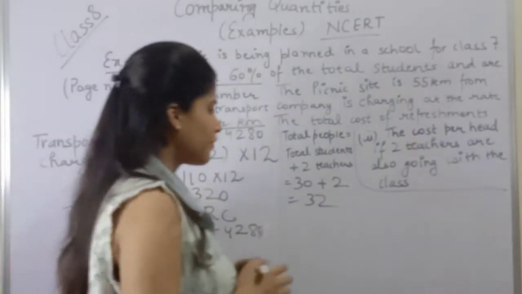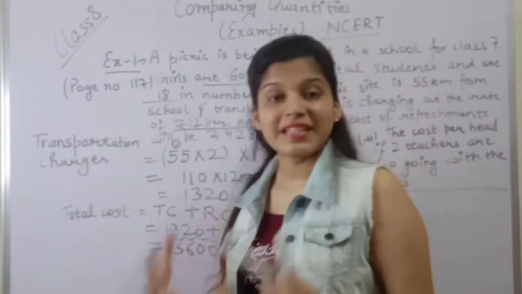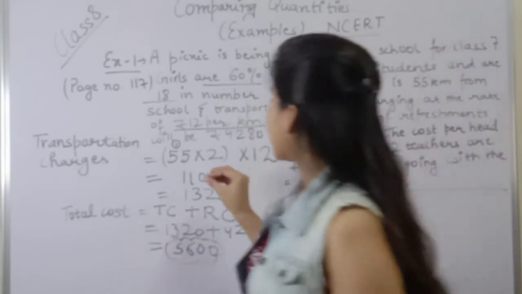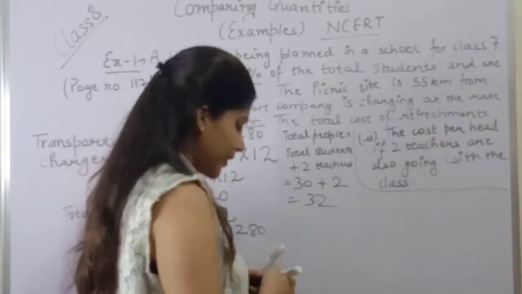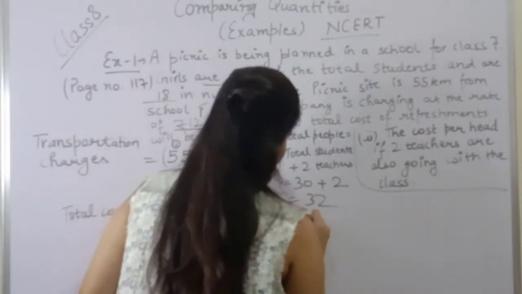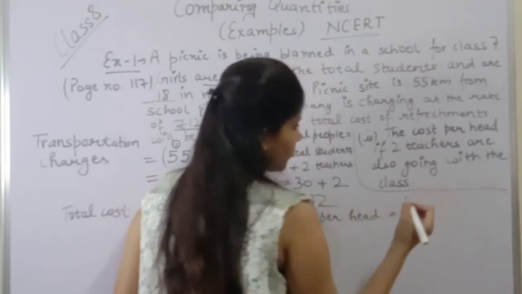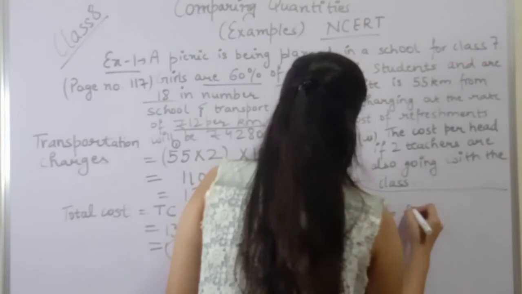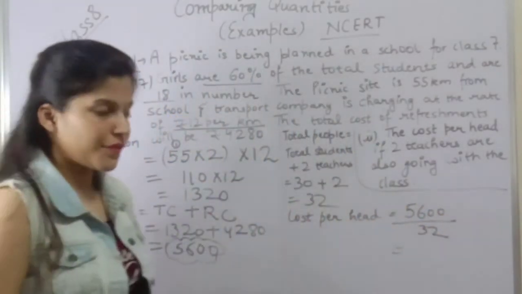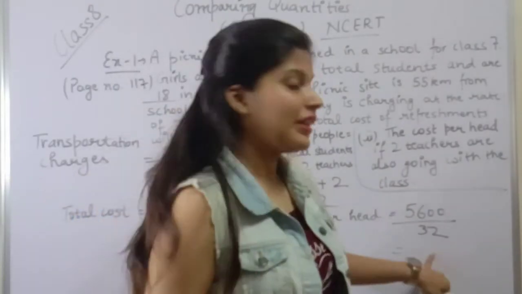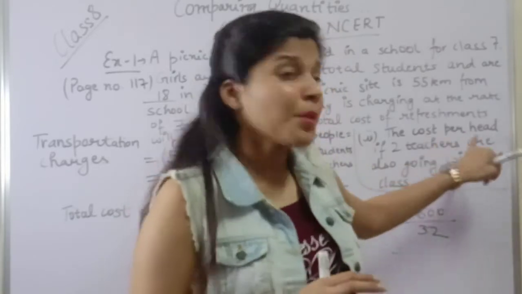So total number of people 32 है and total cost 5600 है. So now we can calculate the cost per head. Cost per head कैसे calculate करेंगे? Cost per head equals to 5600 divided by 32. Total cost 5600, total number of people 32. So इसको divide करके we will get the cost per head.